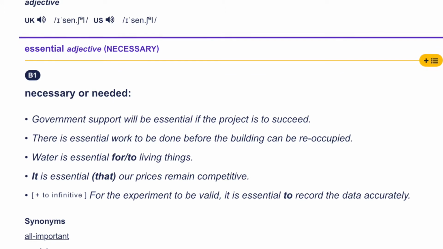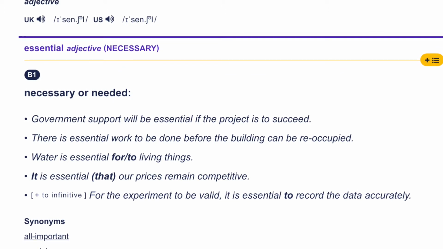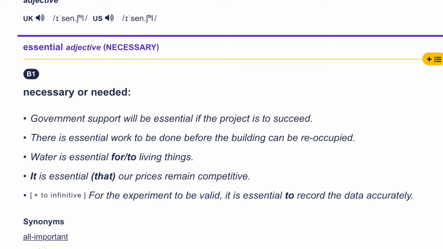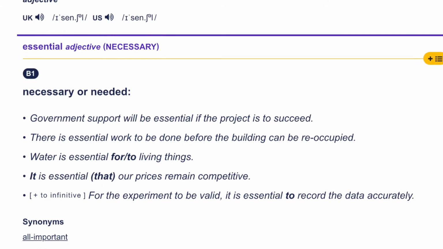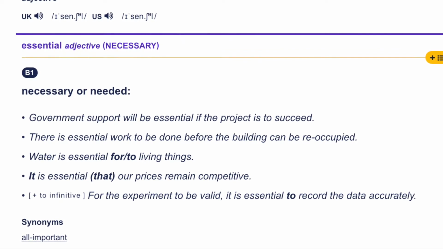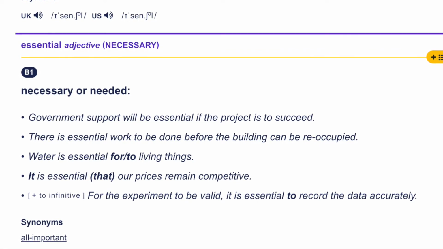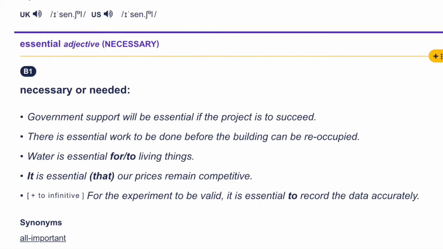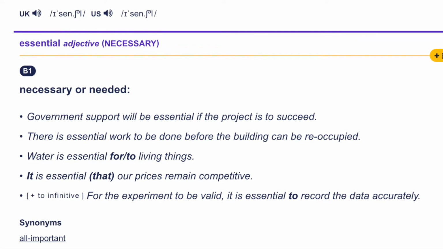So maybe words like that might usefully go with the word essential. In the second example, there is essential work to be done before the building can be reoccupied. So maybe essential work could also be two words that go together, patterns of words which go together.